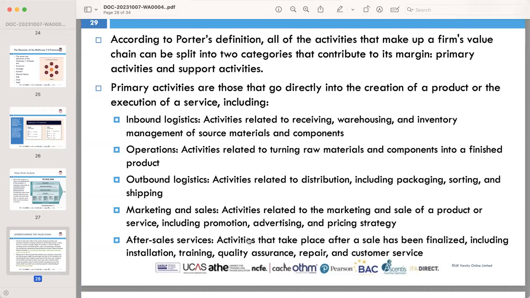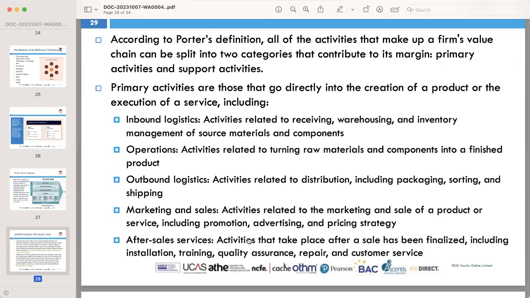So basically, in Porter's value chain analysis, activities are divided into two categories: primary and support activities. Primary activities include inbound logistics, operations, outbound logistics, marketing and sales, and also after-sales services.